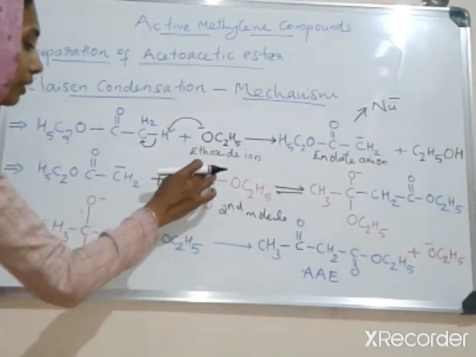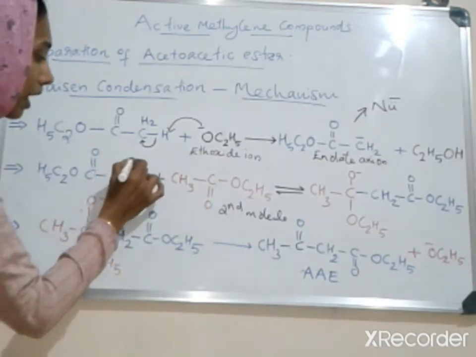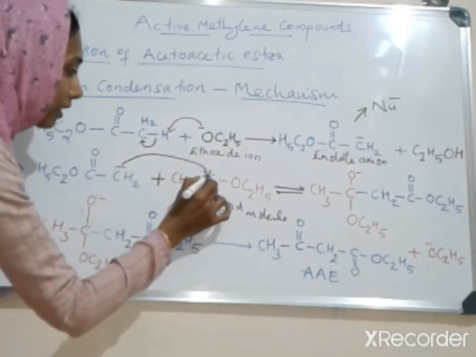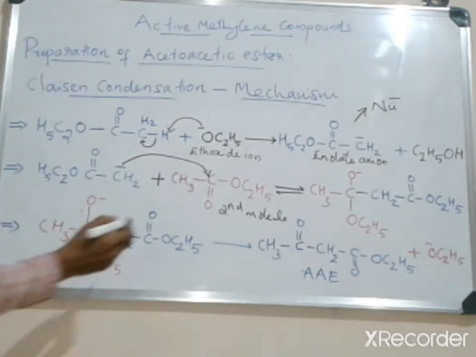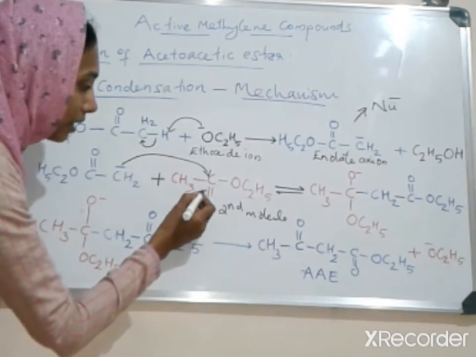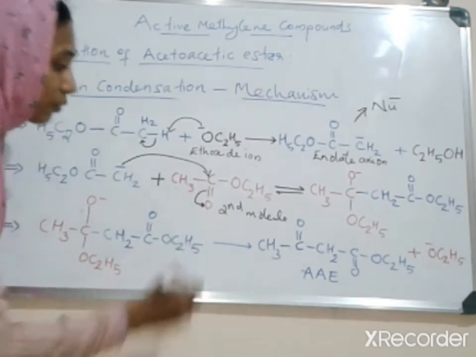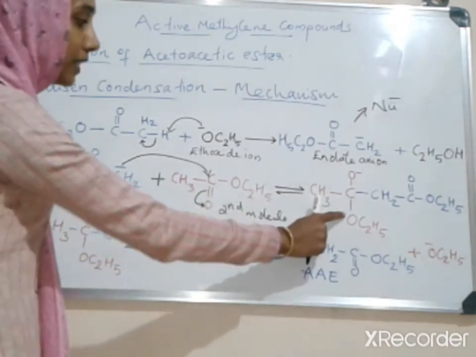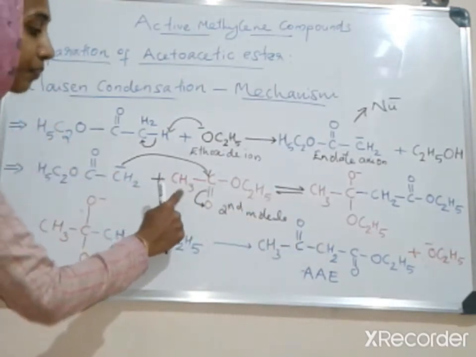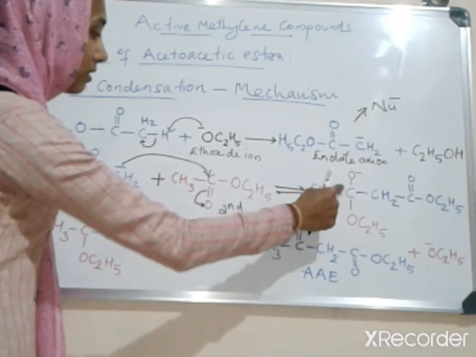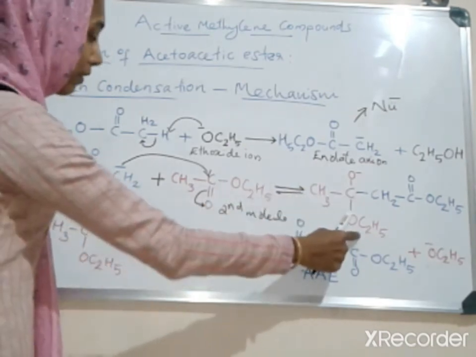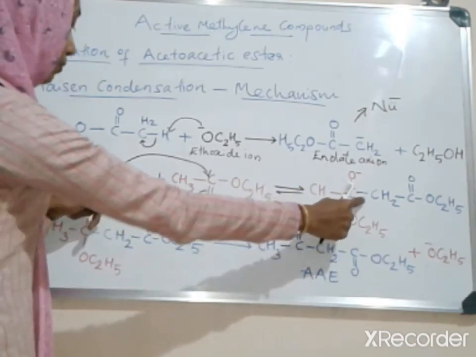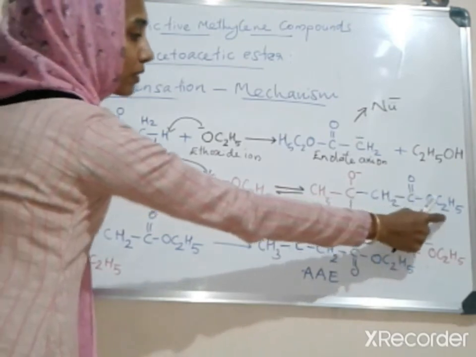So this enolate anion attacks the carbonyl carbon, and at the same time the pi electrons shift towards the oxygen, and we get an intermediate, that is CH3-C-O minus, OC2H5, CH2-C=O-OC2H5.